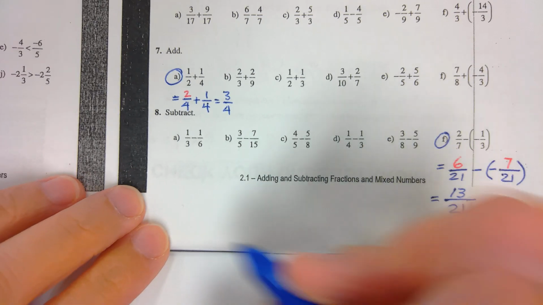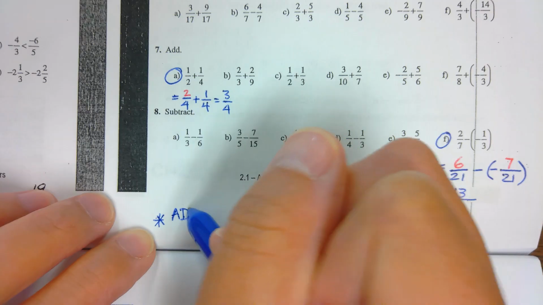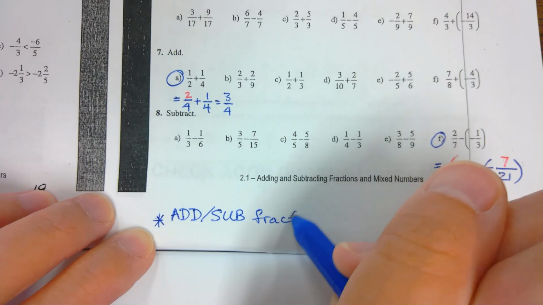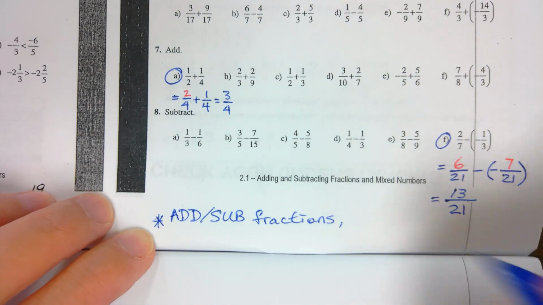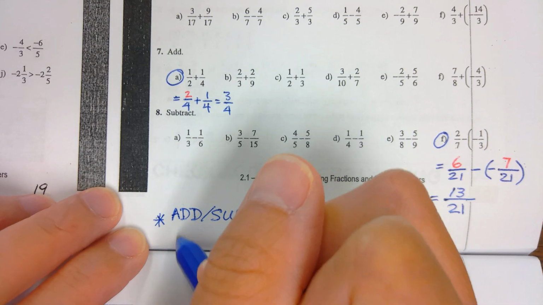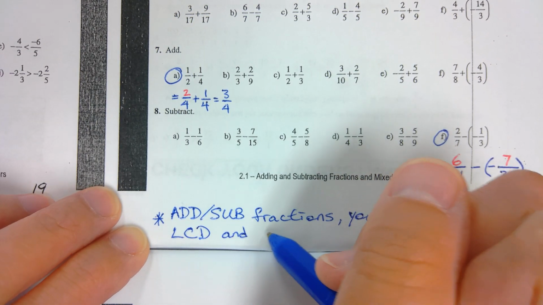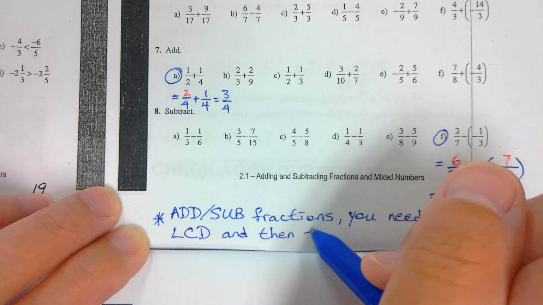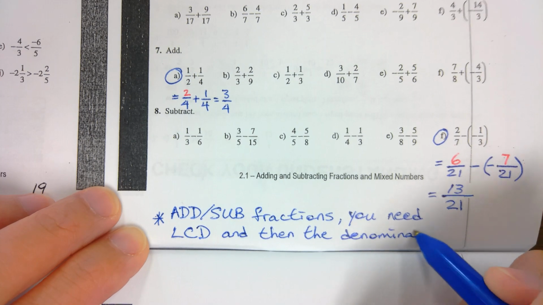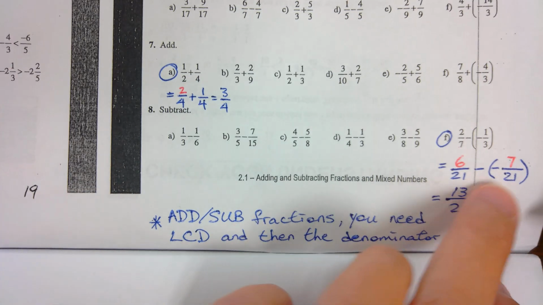Let me just write down 2 notes. When you add or subtract fractions, you need a lowest common denominator, and then the denominator stays the same.